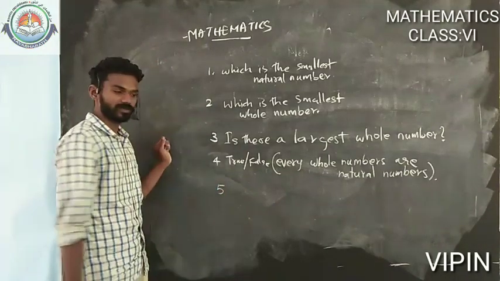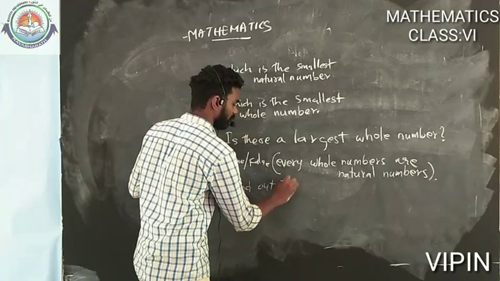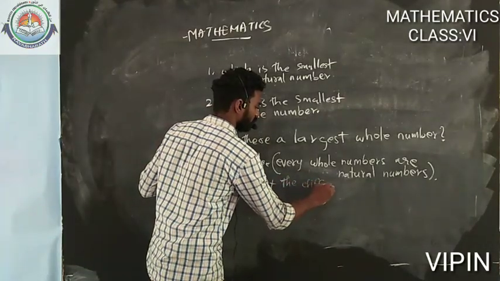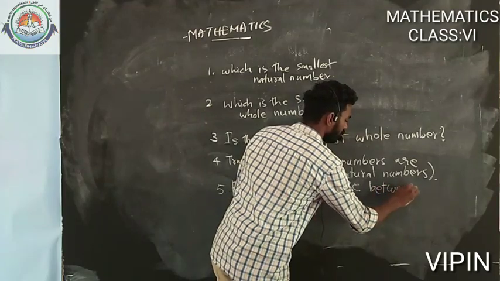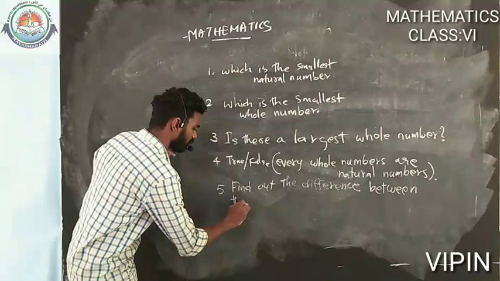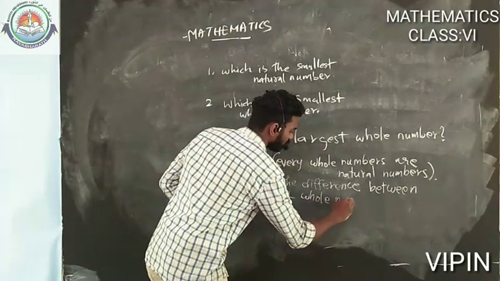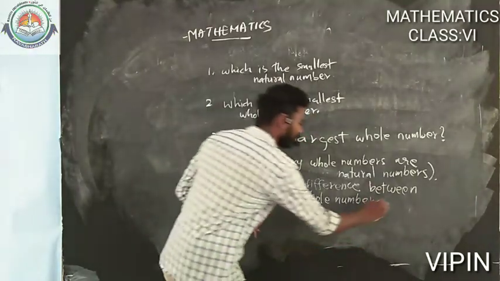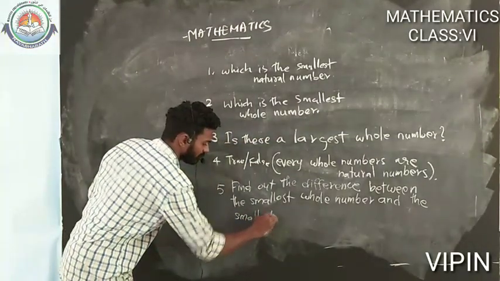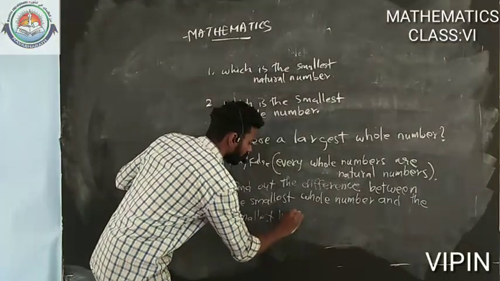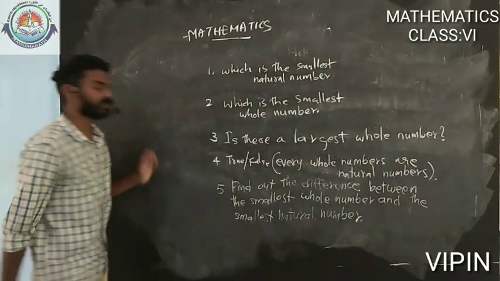And your final question is, find out the difference between the smallest whole number and the smallest natural number.